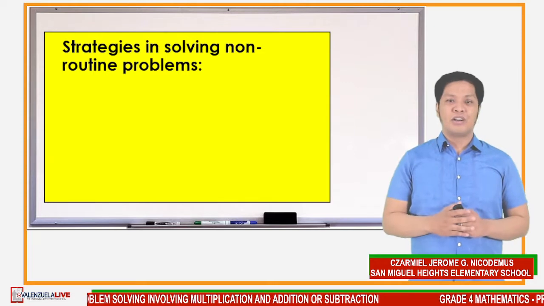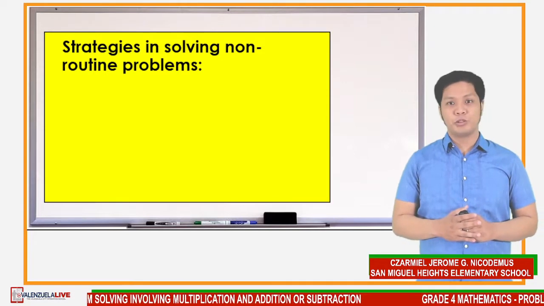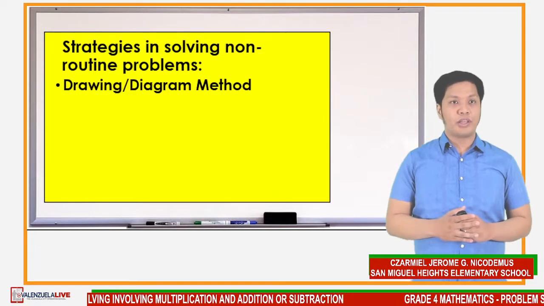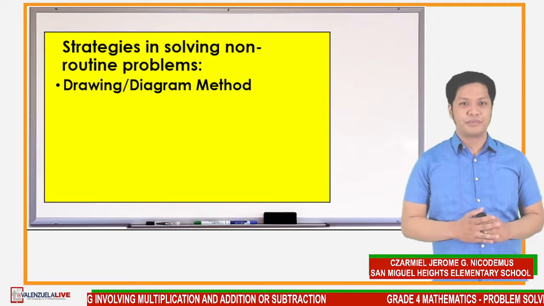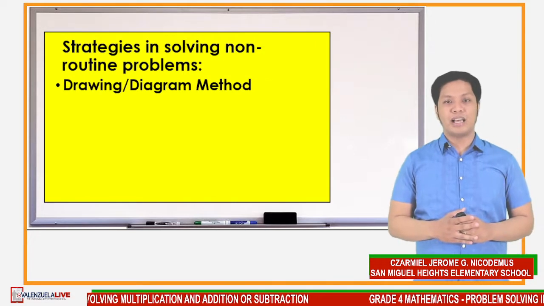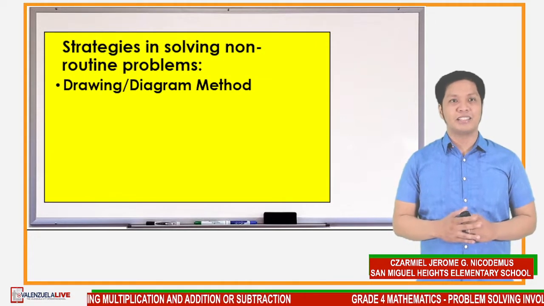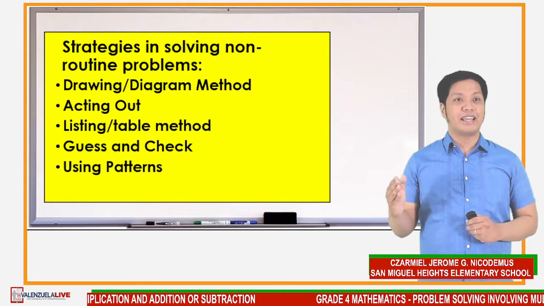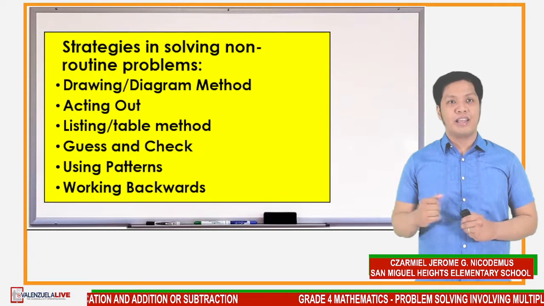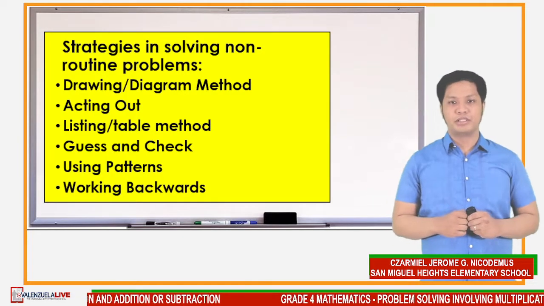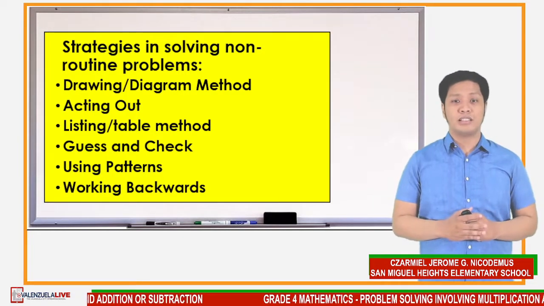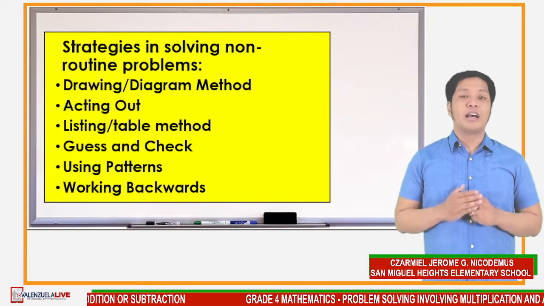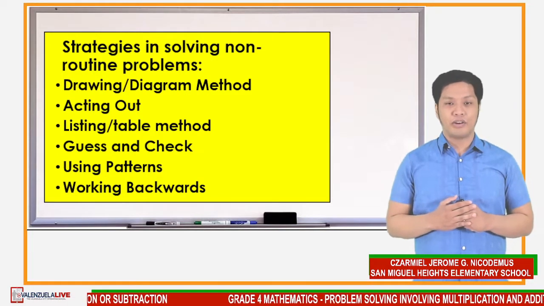In the last word problem, I used the drawing or diagram method. You may also use other strategies such as acting out, listing method, guess and check, using pattern, and working backwards. You may also use other strategies on your own, as long as you get the correct answer.